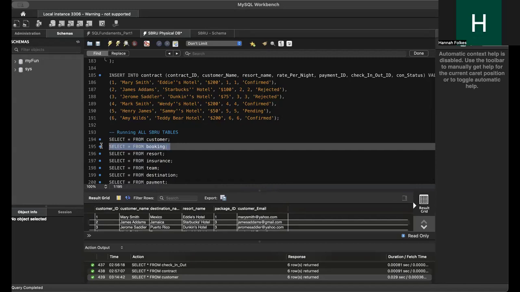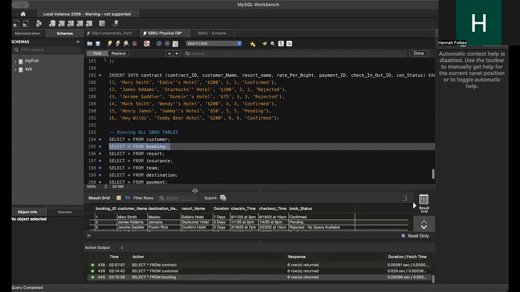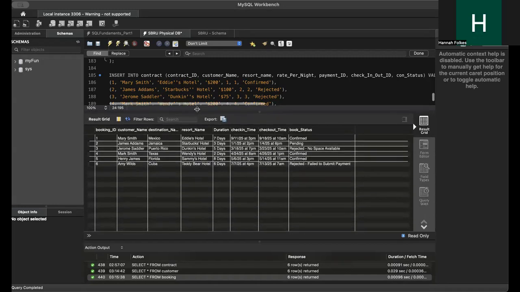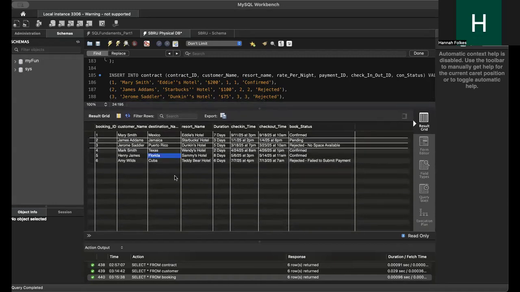For the next table, we have the booking table, and the booking table basically tells us how long each customer is planning to stay at the resort that they chose and what time they're planning to check in and check out of that resort.